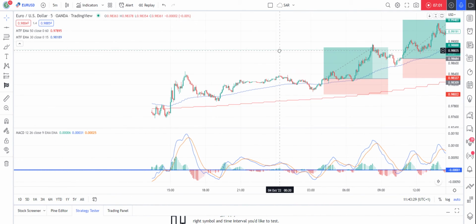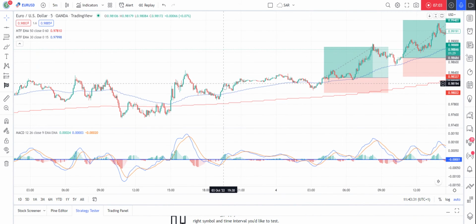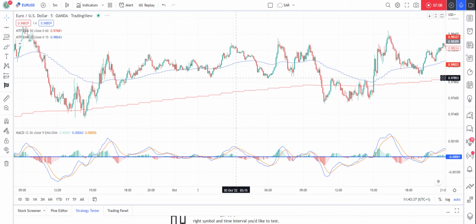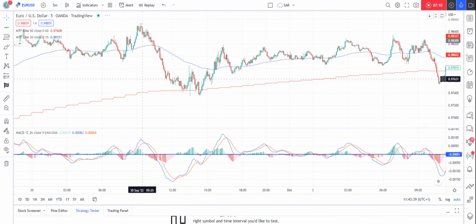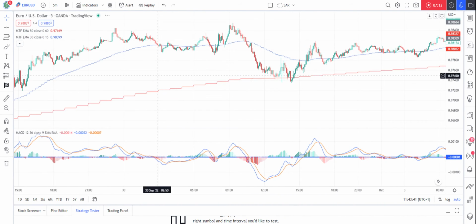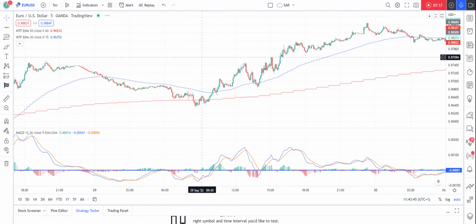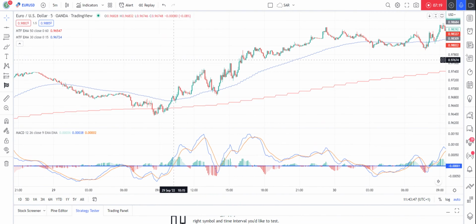There we go. Right, so we can see another example here. It's always riding the trend. If there is a trend, there's plenty of opportunities. However, the advantage is, even if there isn't a trend, there's still plenty of opportunities to take on.